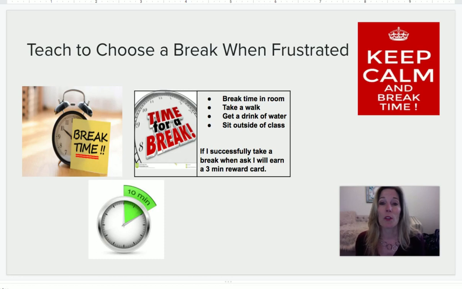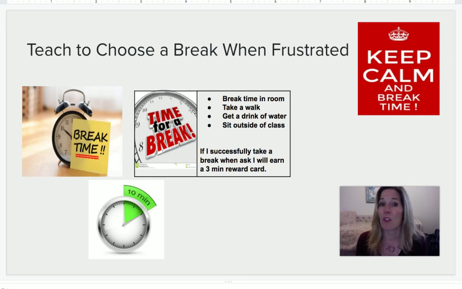Something's going on for them, whether it's having difficulty with academics or having difficulty with regulating themselves when they're frustrated. Maybe they're perfectionists and they can't handle making an error, or they can't wait and delay gratification. That's really, really super hard for them, and they start to melt down and break down.